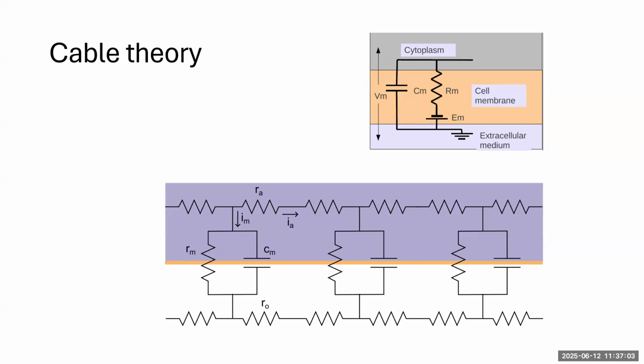Actually, the mistake I made was this: RM we are talking about as unit length resistance. So it should not be bothered with the area, because this surface area is already included.